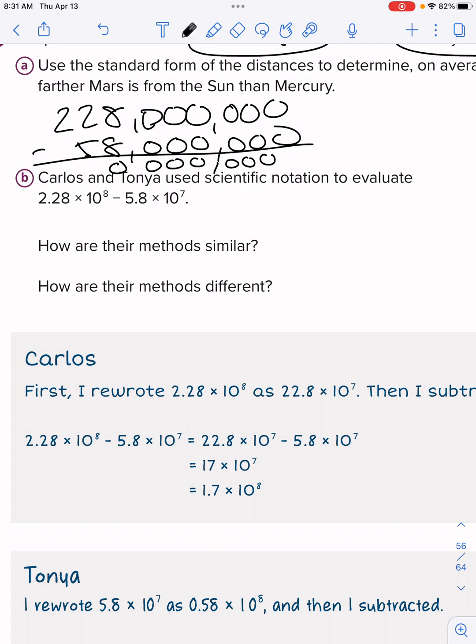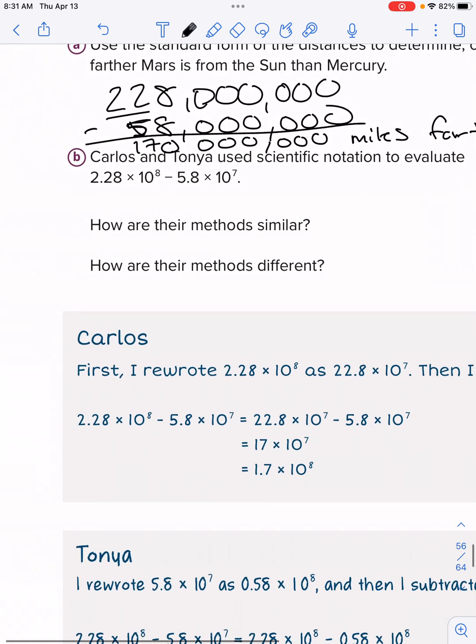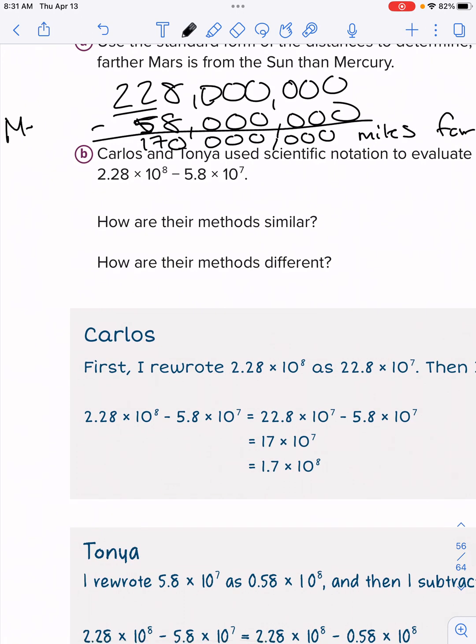And then if you subtract 5 from 2, that doesn't work out. So subtract 5 from, think of it as 22. You can use your hands to count, but that is 17. So we would say that Mercury is 170 million miles farther from the Sun.